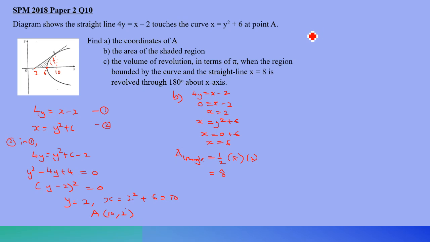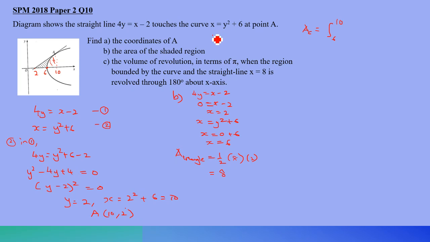So the area, okay, I'll just put the word curve as C. What's the formula for area? You have learned the formula for area. So it will be from 6 to 10. Since this curve is given as x equals y squared plus 6, what we need to know is your y in terms of x.